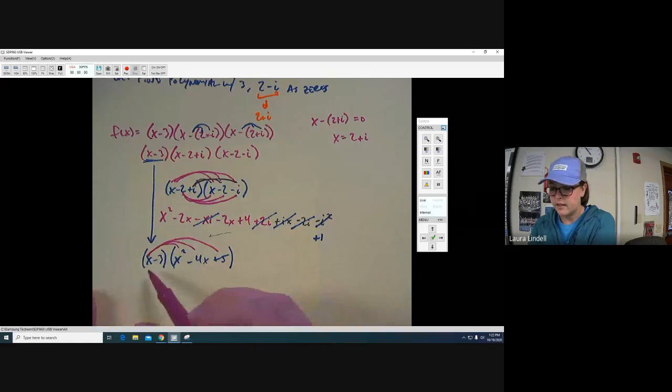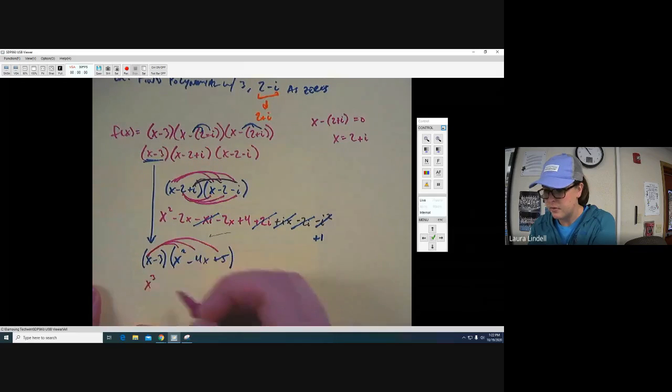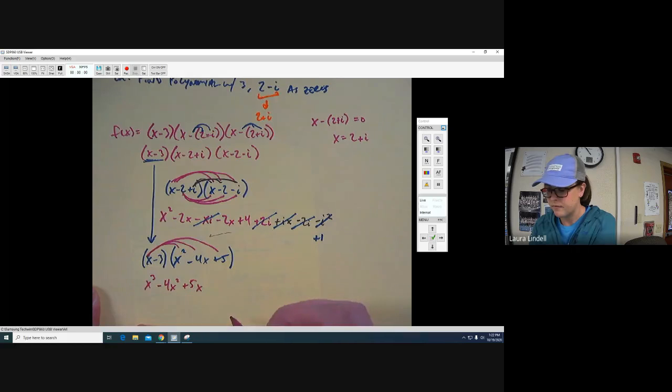So we start x times x squared is x cubed. X times -4x is -4x squared. X times 5 is +5x. -3 times x squared is -3x squared. Times -4x is +12x.